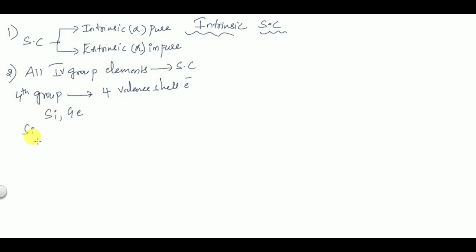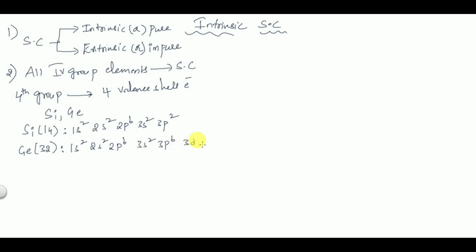Silicon has atomic number 14 and its electronic configuration is 1s2, 2s2, 2p6, 3s2, 3p2. And germanium has atomic number 32 and its electronic configuration is 1s2, 2s2, 2p6, 3s2, 3p6, 3d10, 4s2, 4p2.